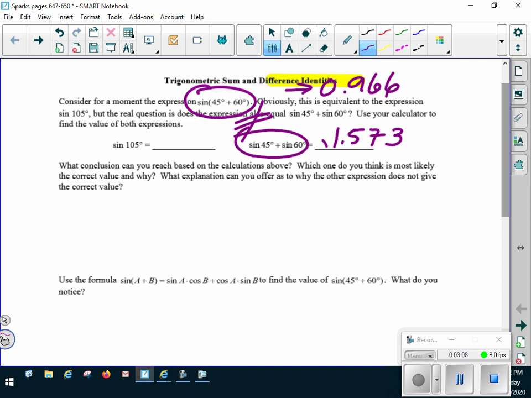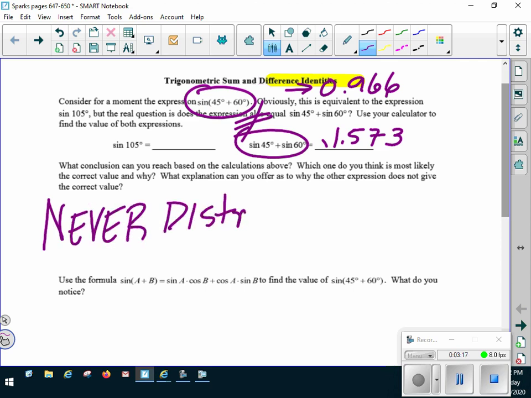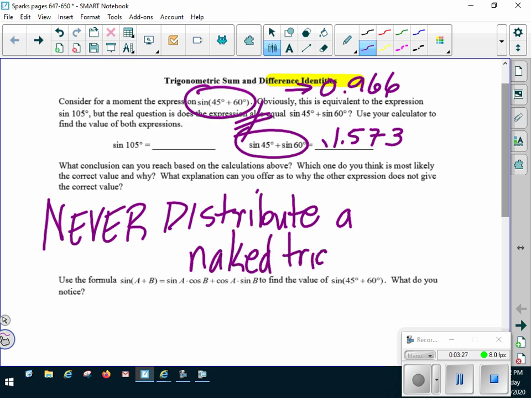Now, never, you write this down, and you can write it big because you're not going to write anything else in here. Never distribute a naked trig function. Never distribute a naked trig function.